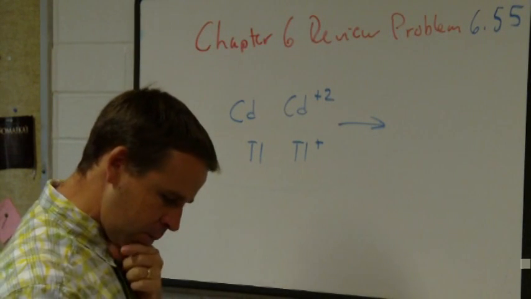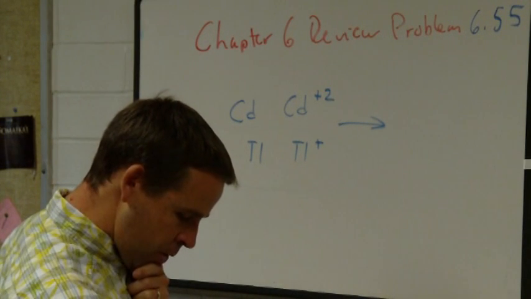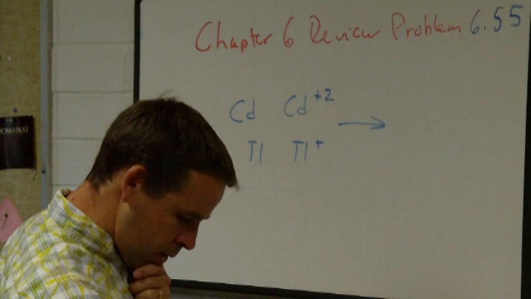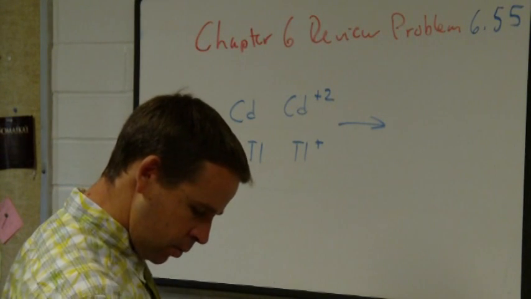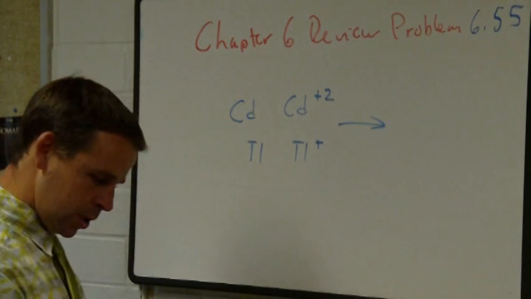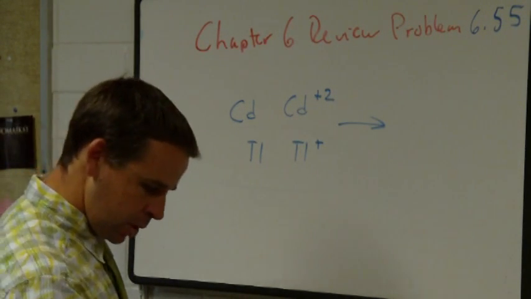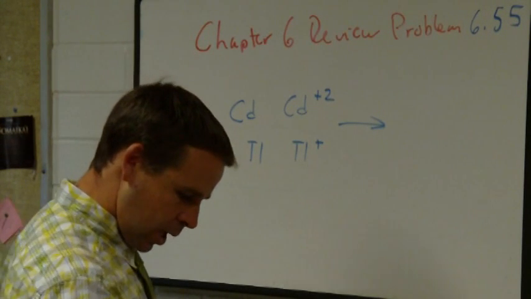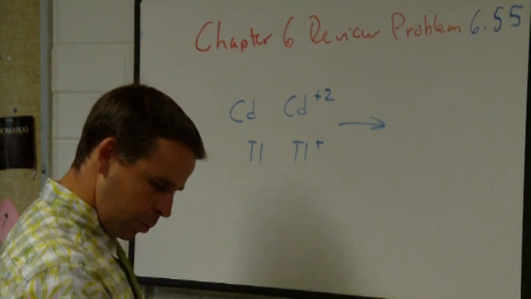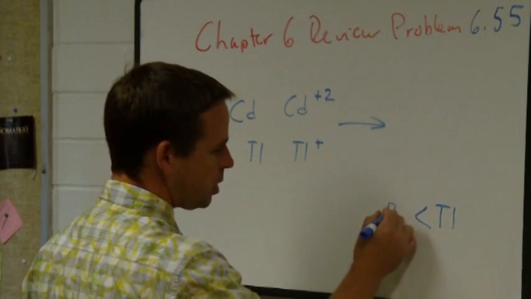According to 655, the first part, cadmium is more easily oxidized than ruthenium. And ruthenium and thallium, what did we know about ruthenium and thallium? So we knew from problem 653 that thallium is more easily oxidized than ruthenium.